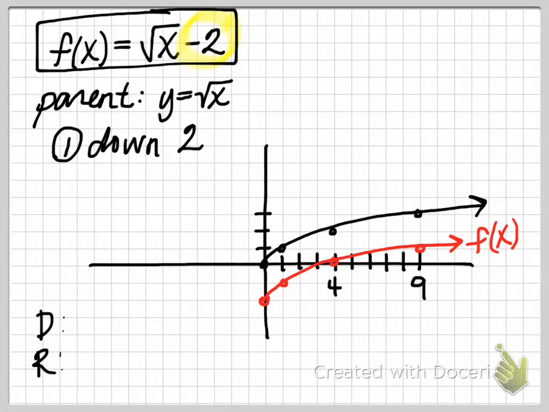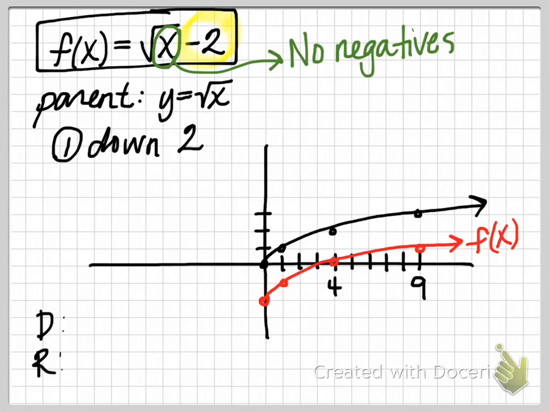So remember, we have restrictions for the types of numbers that you can have inside of a square root. So inside this square root right now is just plain x, and we know that we can't have negatives inside of a square root. Now, can we have 0? Absolutely, because remember, the square root of 0 is just 0. So how do we write that mathematically?